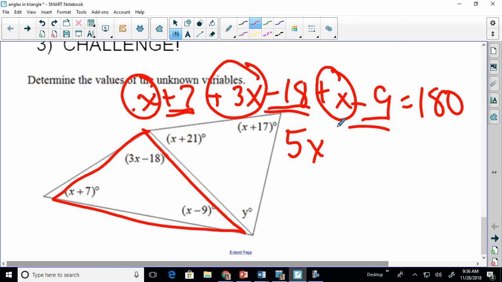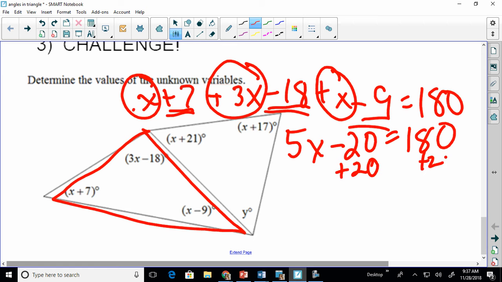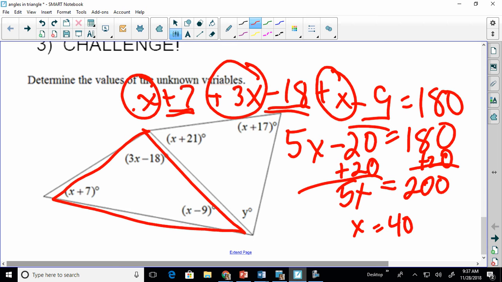So 7 minus 18 and minus 9 would give me negative 20. That's equal to 180. Okay, two-step equation, you've got to add. So I'd have 200, and I would have 5x. Last step, divide, and you'd get x equals 40.